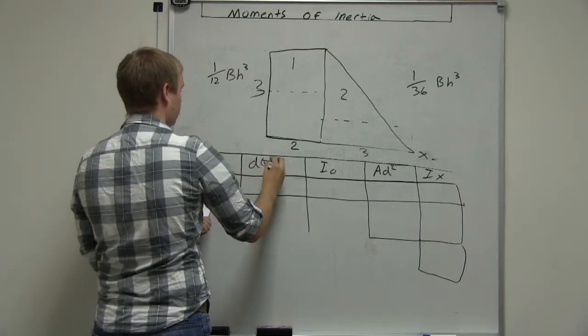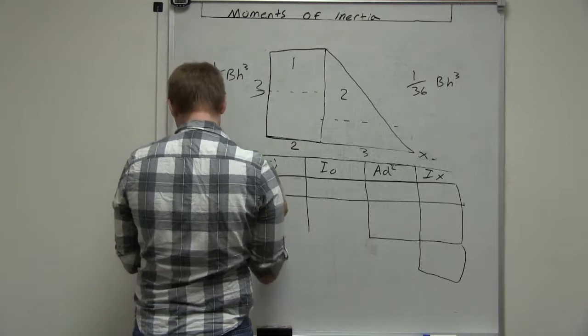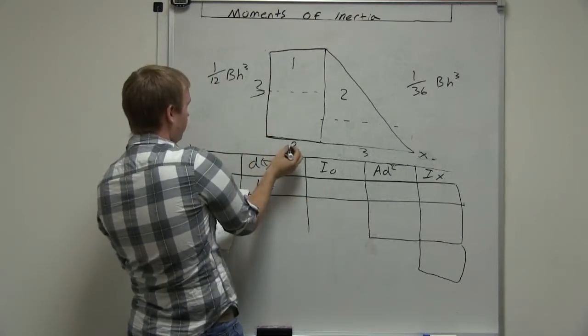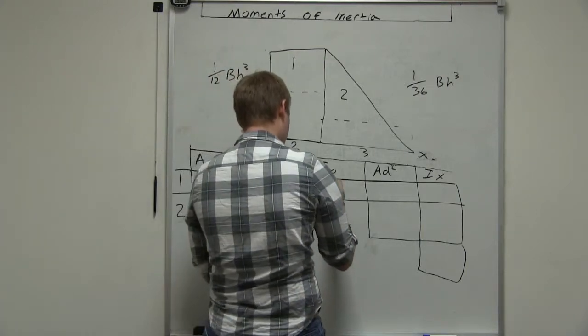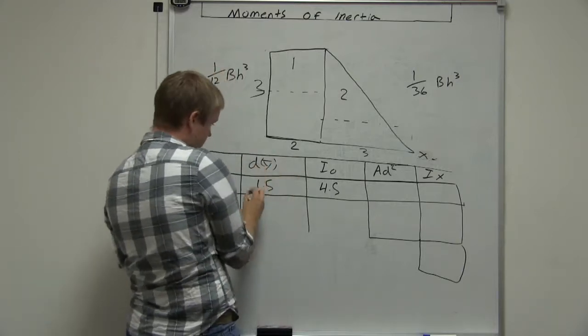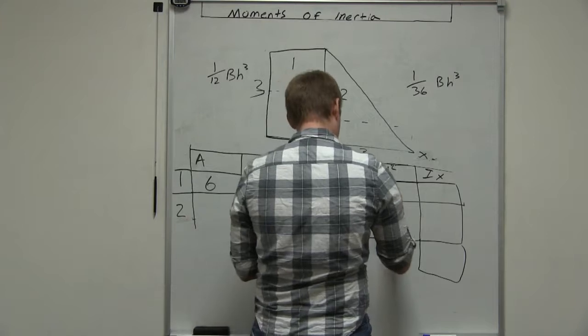Y bar, or d, is 1.5. The I naught is 1/12 times 2 times 3 cubed, which is 4.5. Area times this distance squared is going to be 13.5.